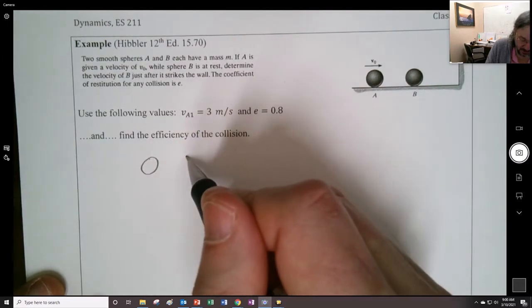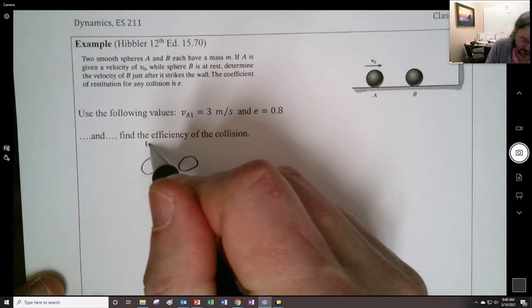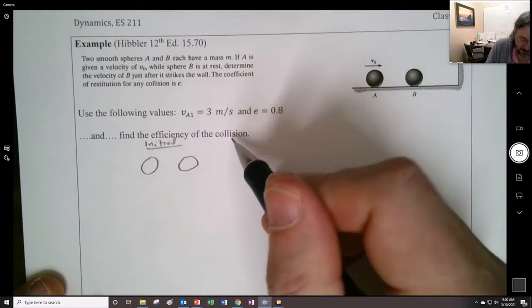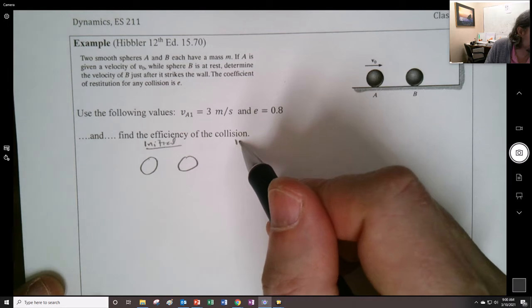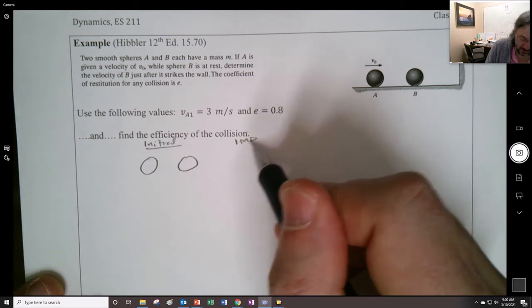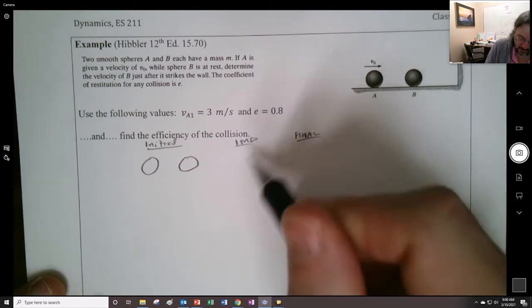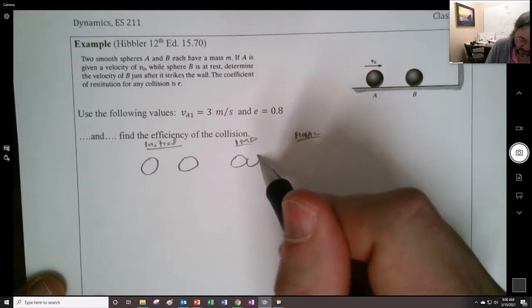It's very similar to what we just did in example 1. Here's our initial, then we have impulse, which I wrote as imp on this one, and then we have final. There's a weird way to write final.